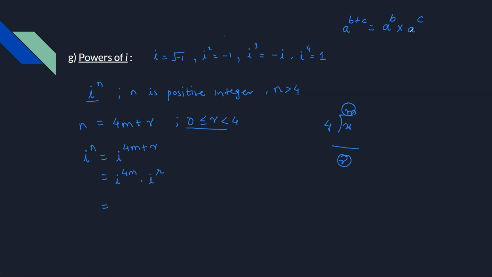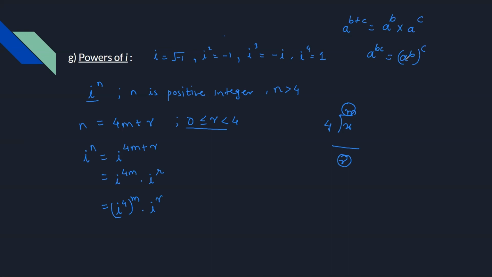Again here I will apply a property: a raised to bc can be written as a raised to b, raised to c. In the same way I'm going to apply here, so I raised to 4 raised to m into I raised to r.